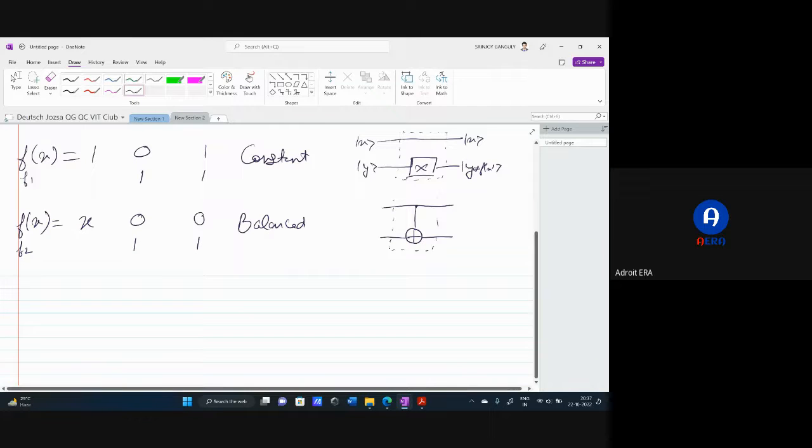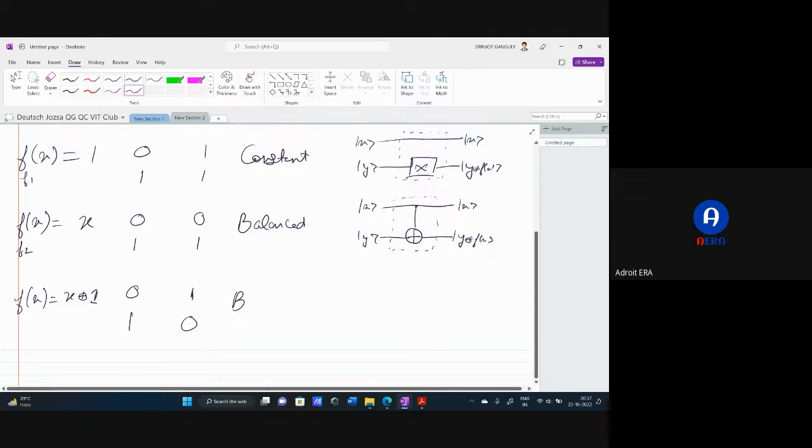And then again the same notations. And the final one, which is f3, is given by f of x is equal to x XORed with 1. That means whenever you have 0 as input, then 1 will be the output, and whenever you have 1 as input, 0 will be the output.